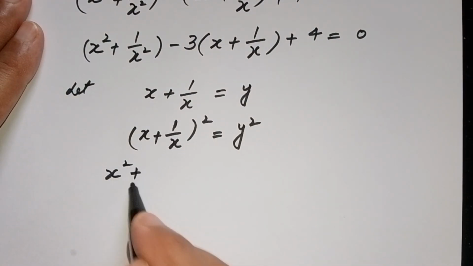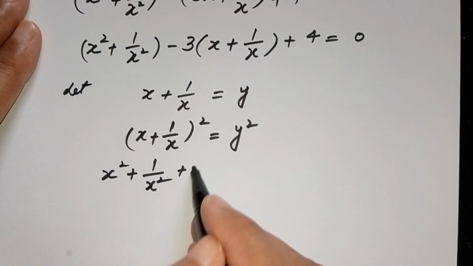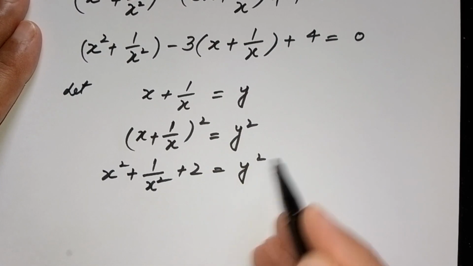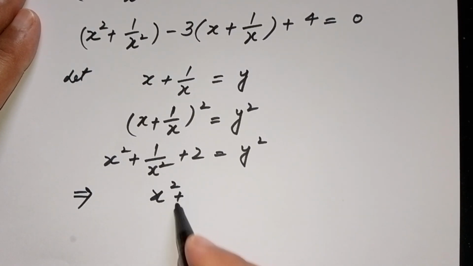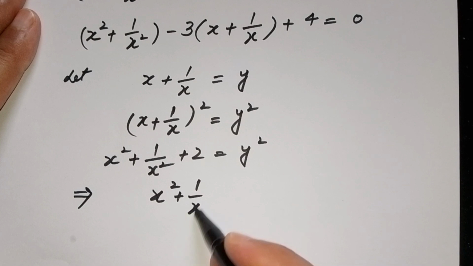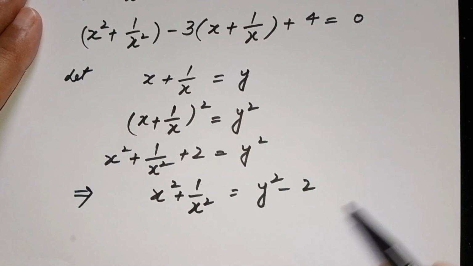We can open this square: x^2 plus 1 over x^2 plus 2 is equal to y^2. Bring 2 to the other side: x^2 plus 1 over x^2 is equal to y^2 minus 2.